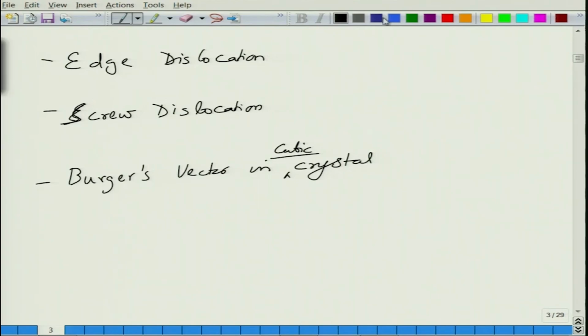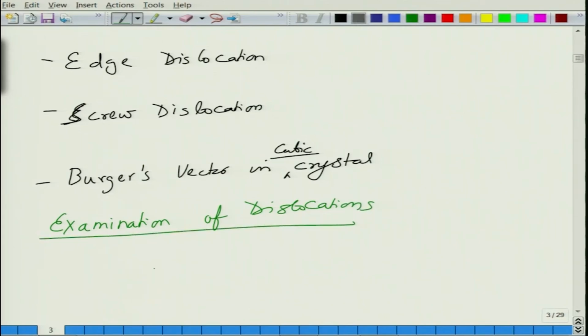Now, how do you examine dislocations in a given material? There are various ways of examining. Basically, how do you see whether you have dislocations in the crystals? You can see them by a technique called etch pitting. Essentially, you use an etchant, and a dislocation, being a high energy or high stress area, gets etched preferentially, so you see etch pits.